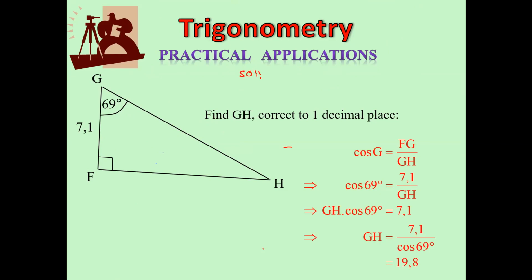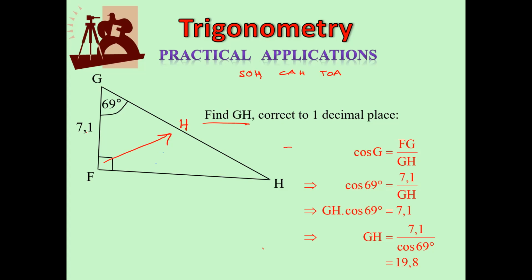Okay, so we have our SOH CAH TOA. But if we look at the diagram, they want us to find GH. Now, GH in reference to this diagram will be the side opposite the 90 degrees, which we call the hypotenuse. Now I'm looking from an angle of 69.